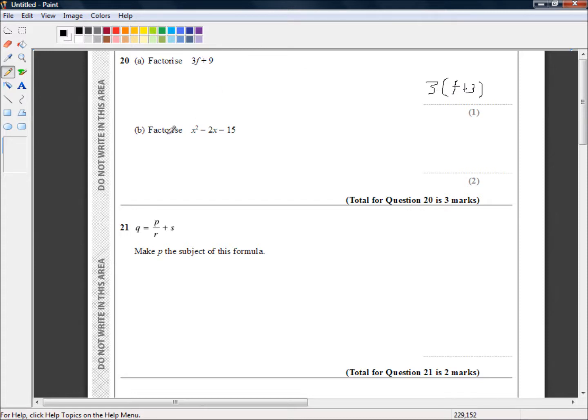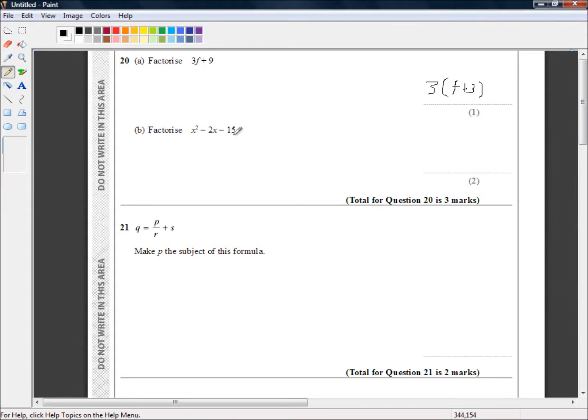Okay, part B says factorise x squared minus 2x minus 15. So this is a quadratic equation, and the way to factorise quadratic equations is we're looking for two numbers that multiply together to give this term and add together to give this term. So we're looking for two numbers that multiply together to give negative 15 and add together to give negative 2. Now a positive times a positive is a positive.